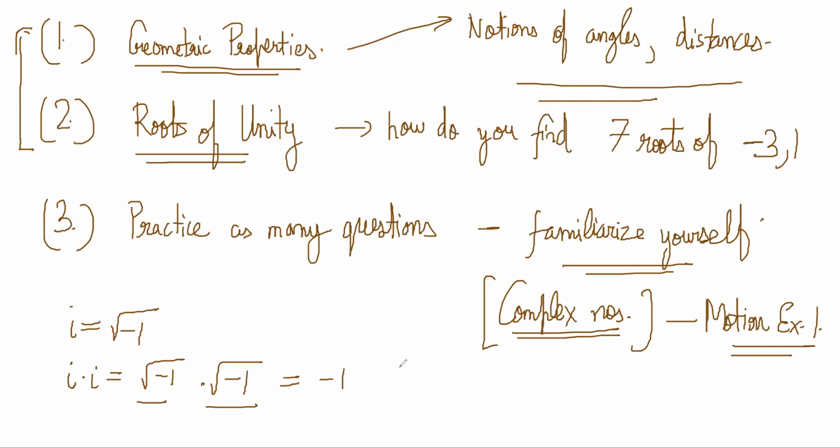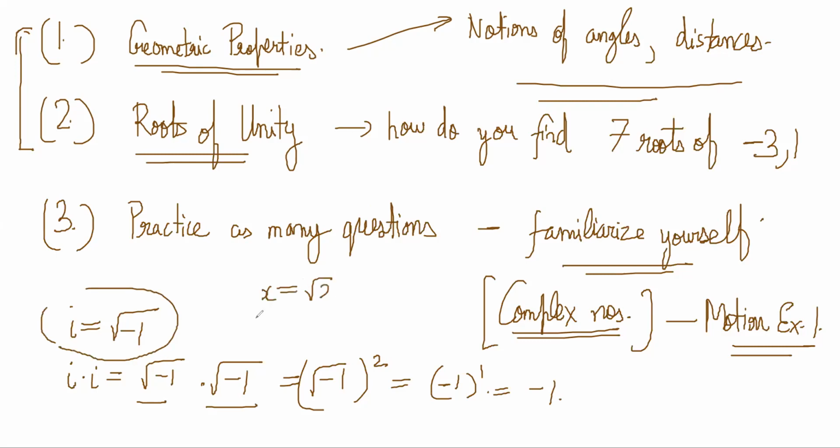Isn't it root -1 whole square now? I don't know what I was thinking, sir. If something is equal to root 2, then x square is equal to what?